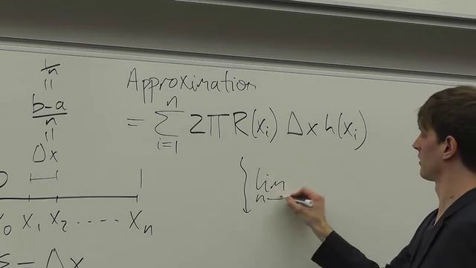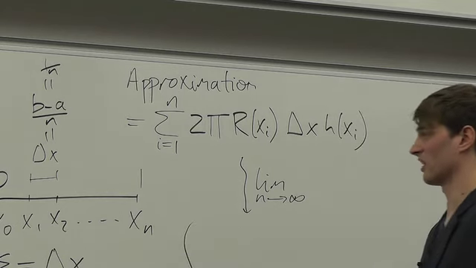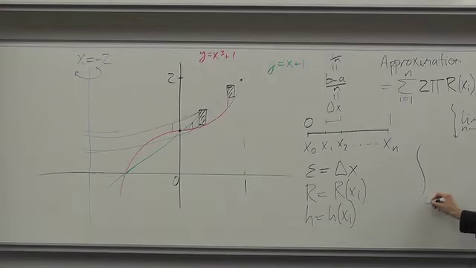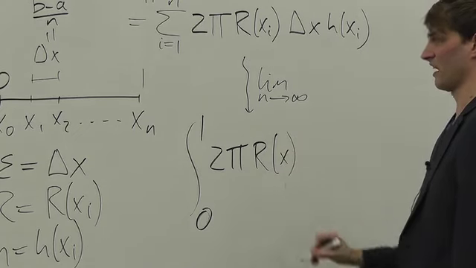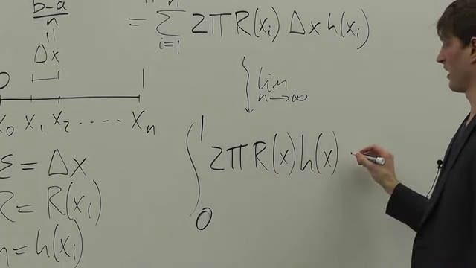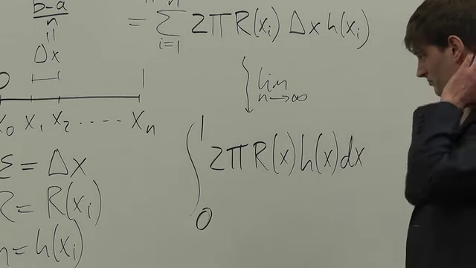So we take the limit as n goes to infinity, and what happens is we get the integral over the interval that we were chopping up, 0 to 1, and 2 pi r is now a function of x, and h is a function of x, and the delta x is replaced by this dx.